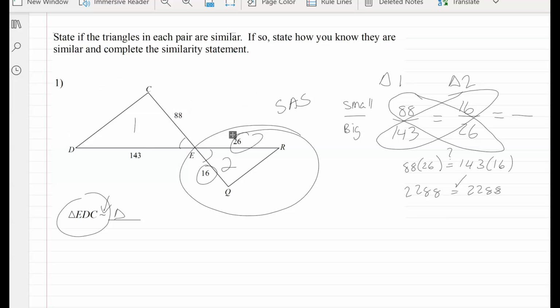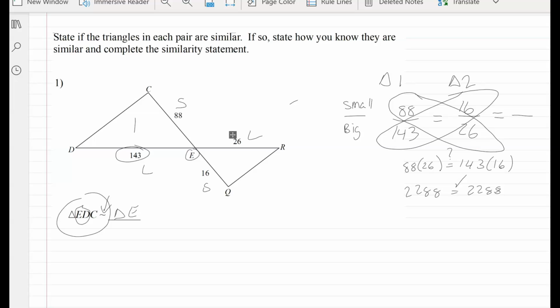They do E first. Because they do E first, we're also going to take E first over here. They did D, so I'm going to look at ED. ED was my 143, because sometimes they flip them. So this is the smaller, this is the larger, this is the smaller, this is the larger. So if I go 143, I want the smaller on the other side.